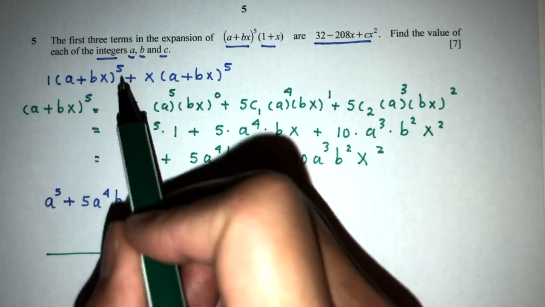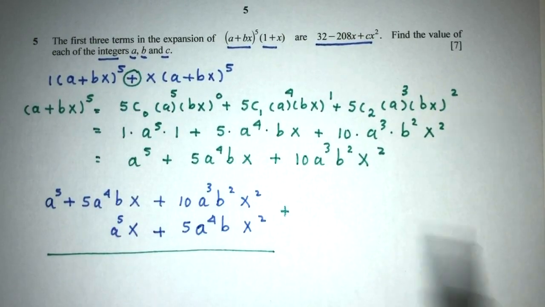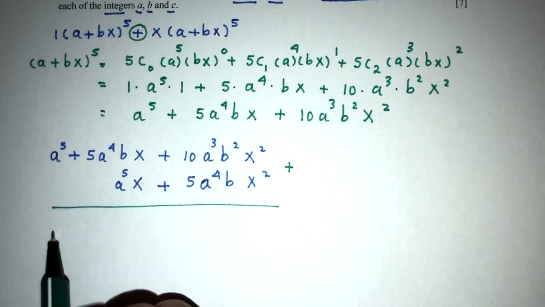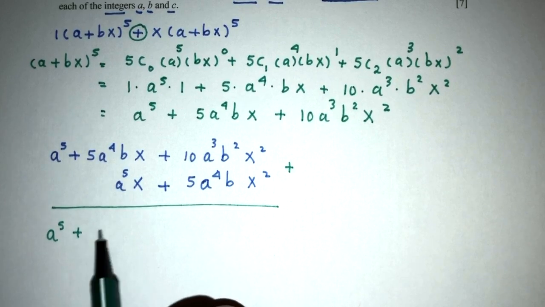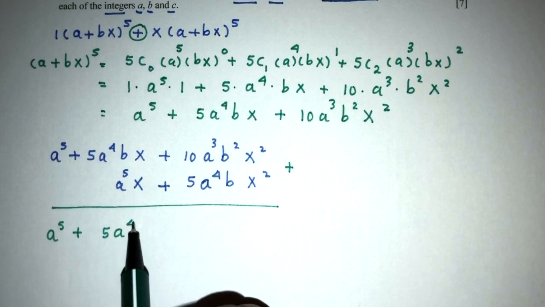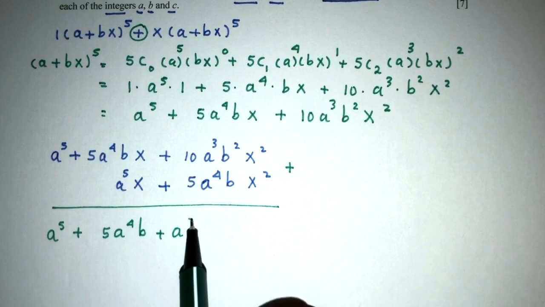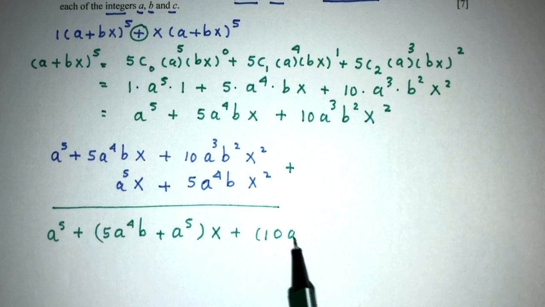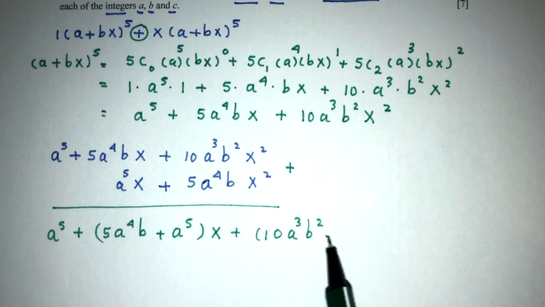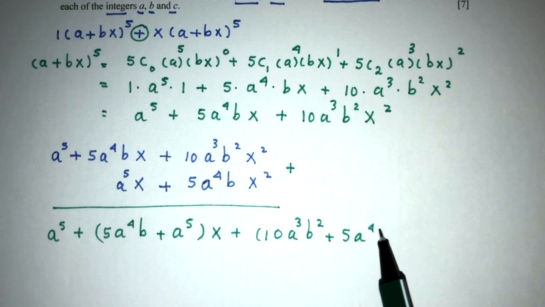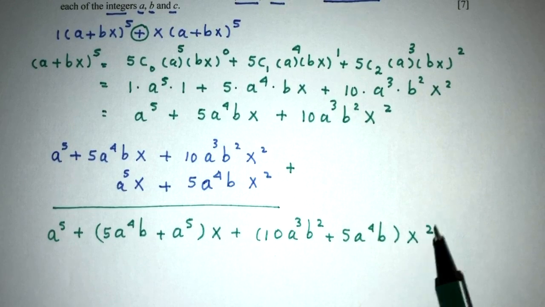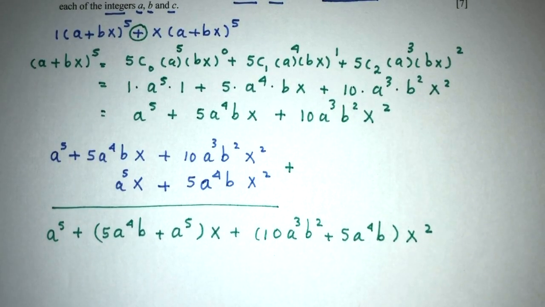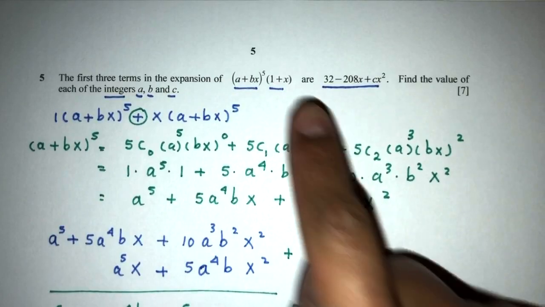So here we have plus. We have to add the two terms together. You will have first term is a power 5 plus, that will be 5a power 4b plus a power 5x, and then finally 10a power 3b squared plus 5a power 4b x squared. According to the question, we know that this is supposed to be this, right?